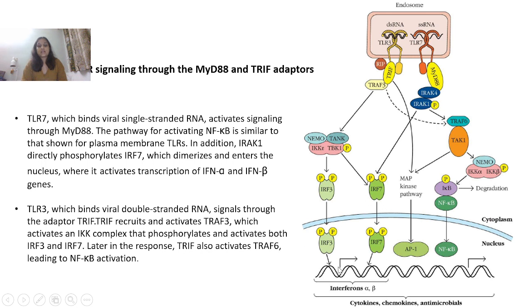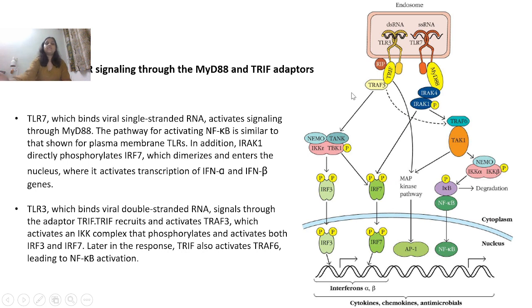These are transcription factors. They induce the transcription of several interferon genes like interferon alpha, beta. Here also again you can see these signaling pathways are interrelated among each other. Here one arrow is showing that TRAF3 can also activate TRAF6 and it can also lead to NF kappa B activation.